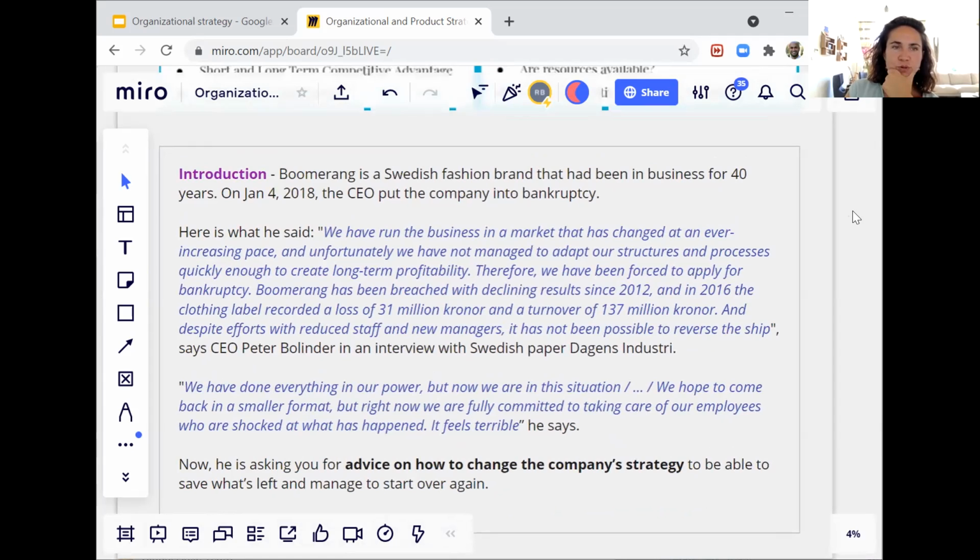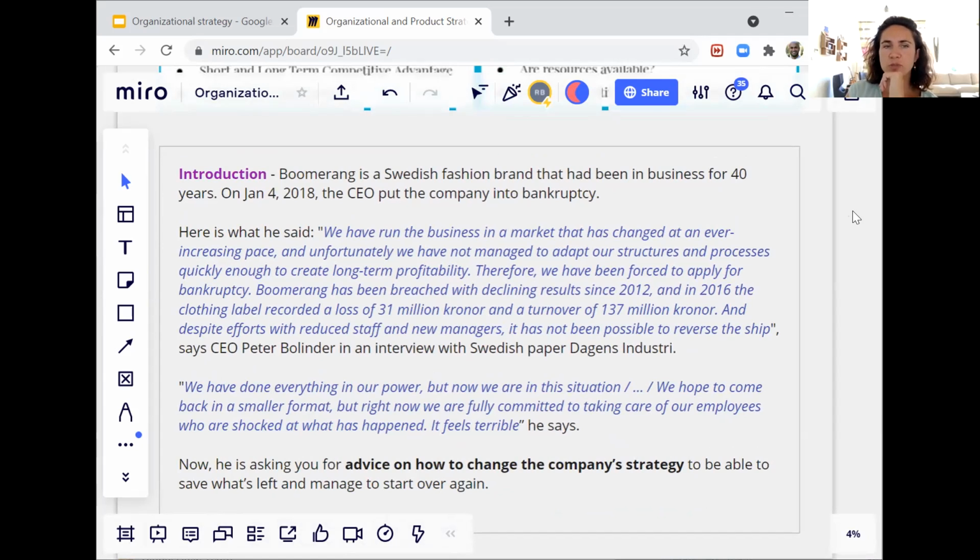Here you can also read by yourself, but shortly the CEO makes a press release and says they had tried everything during the period, but unfortunately they couldn't adapt their structures and processes quickly enough to create long-term profitability. Therefore, they have been forced to apply for bankruptcy.